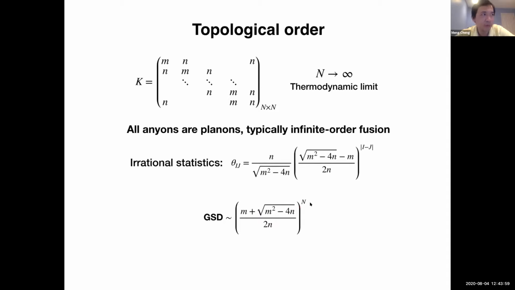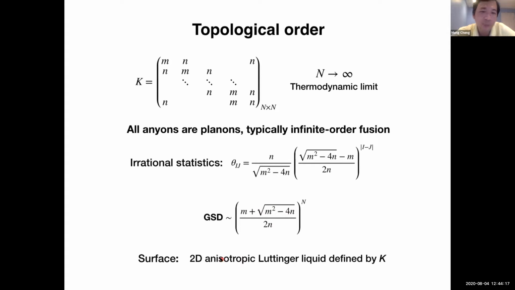Of course, this is the result of a thermodynamic limit, and there are other corrections to make it an integer, but the asymptotic growth is controlled by this term. And we can also look at the surface of this infinite component Chern-Simons theory. You see that it's a highly anisotropic two-dimensional chiral Luttinger liquid defined by this K matrix.